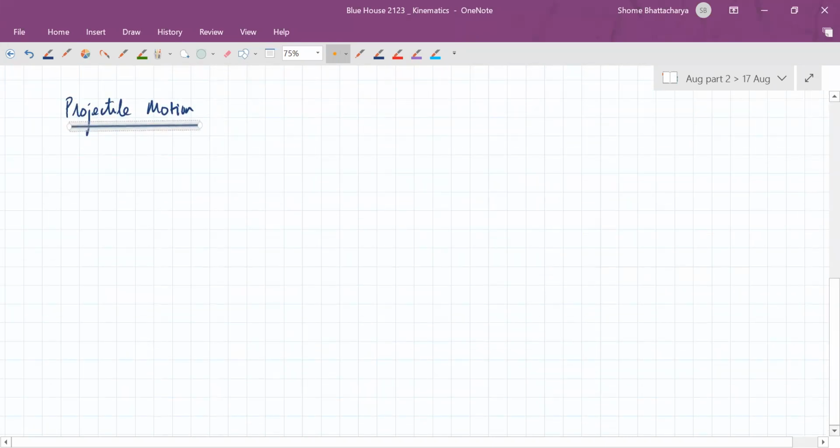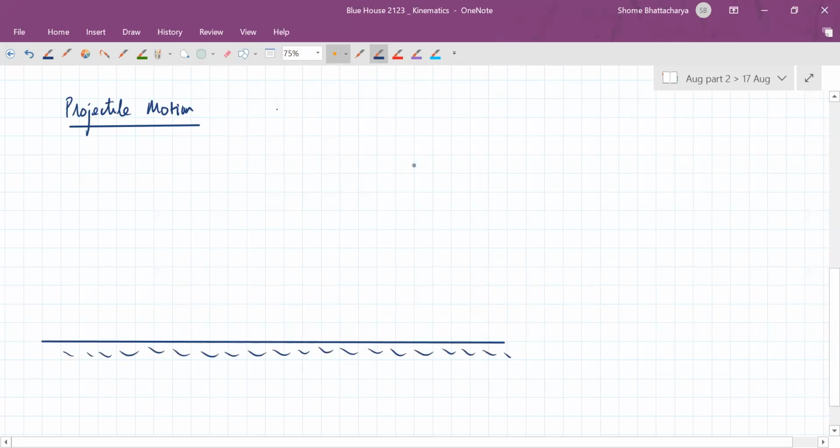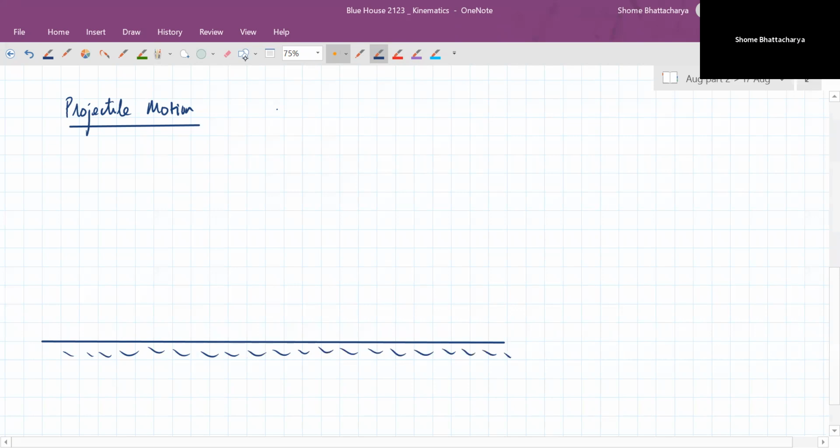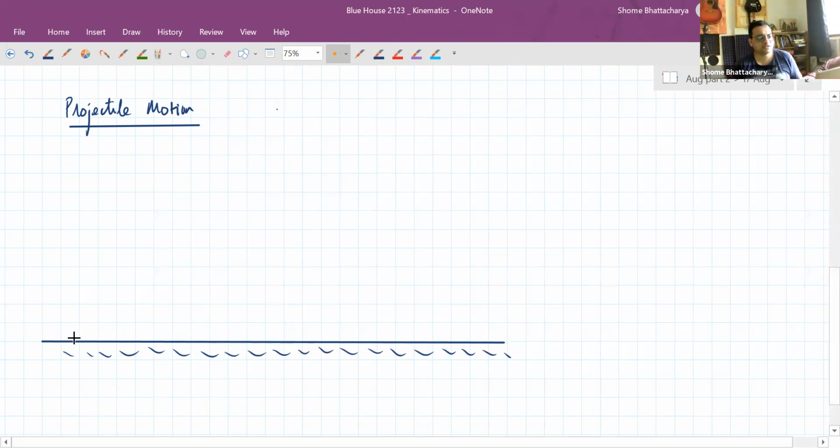So projectile motion is this situation where, from the ground level, or you can say from some horizontal plane, we are projecting an object with an initial velocity. Projecting just means throwing it. Projection is another word for what we ordinarily mean by throwing.